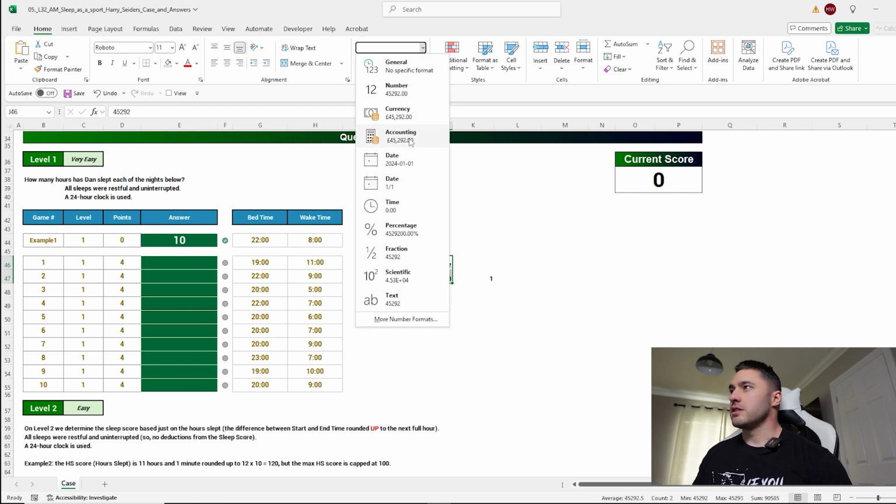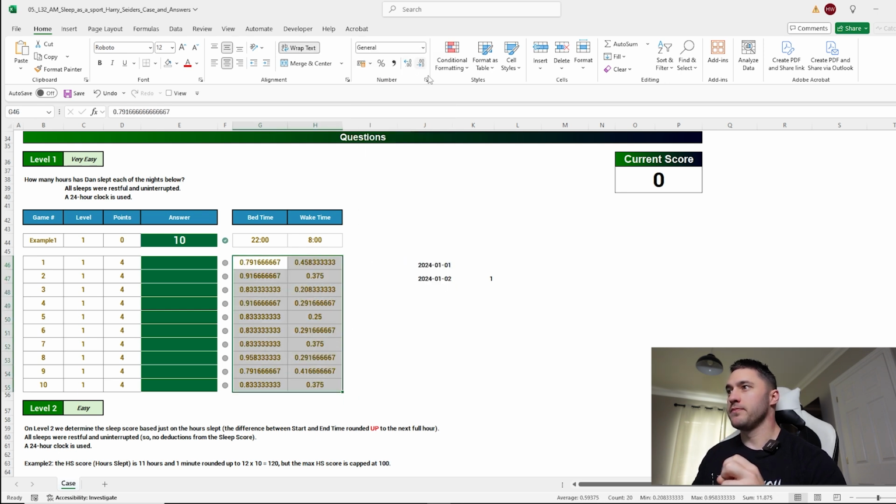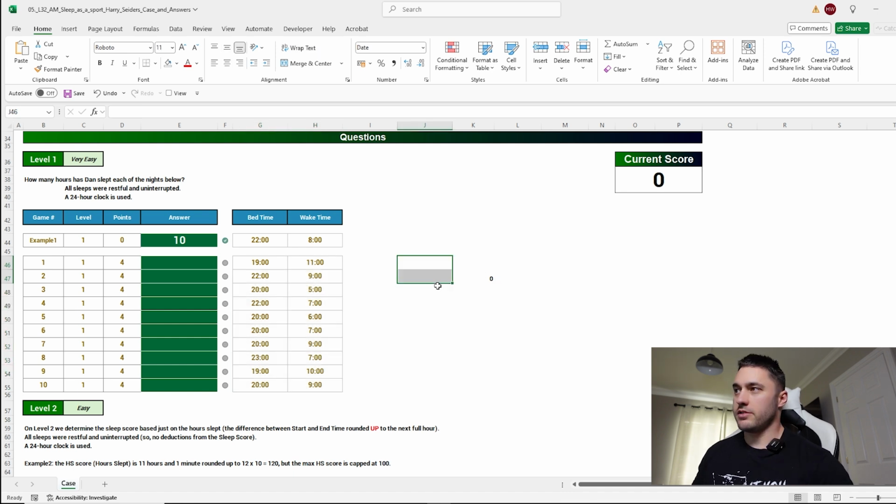With time formats, it's a similar situation. A whole day is 24 hours. If I turn these into general format instead of time, you'll see that they're actually proportions of a day. Let's turn them back into time for now. So 24 hours is 1. To enter time, you enter the hours, a colon, the minutes, a colon, and then the seconds.